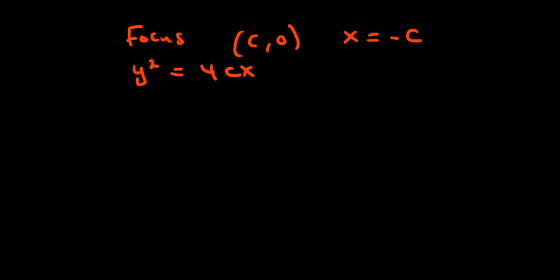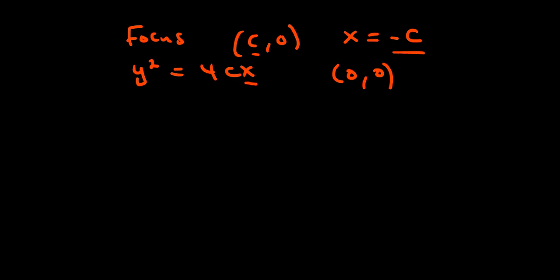As I said, if we see x on this side, your parabola is opening in the x direction, meaning your focus has to move in the x direction, and the vertex is still at (0, 0). Your directrix has to cut the x axis, which is why we have x equals negative c.